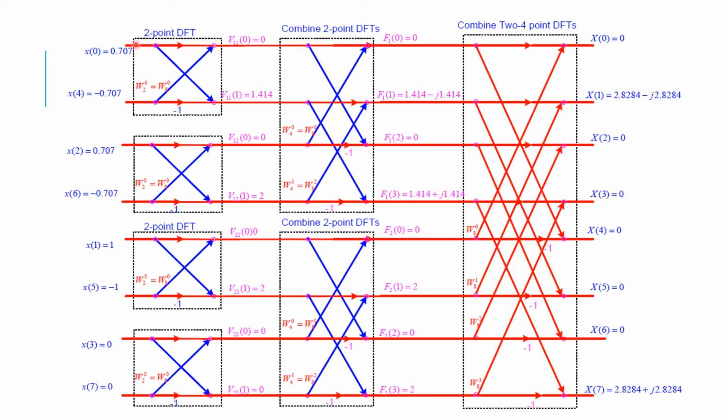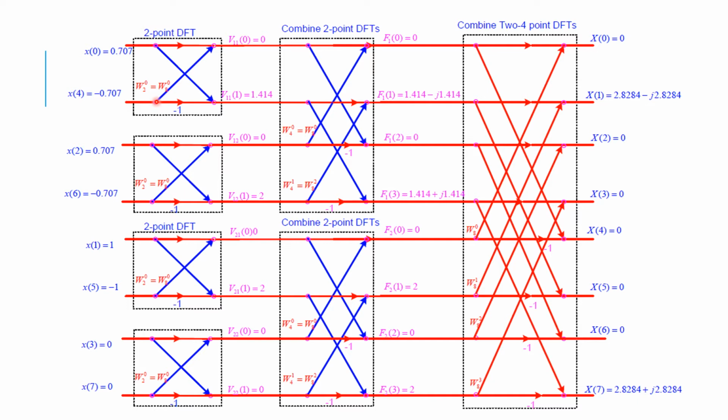So the first value, 0.707, goes to this point. Here it is minus 0.707 into W8 to the power of 0. You should not forget multiplying the twiddle factor first. So minus 0.707 into W8 to the power of 0, which is 1, so into 1.